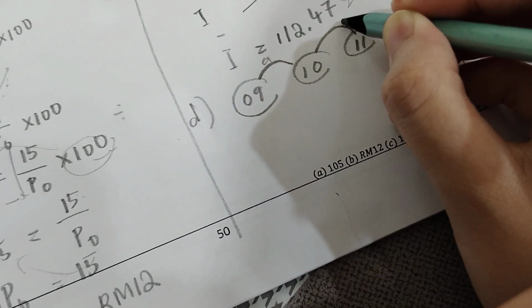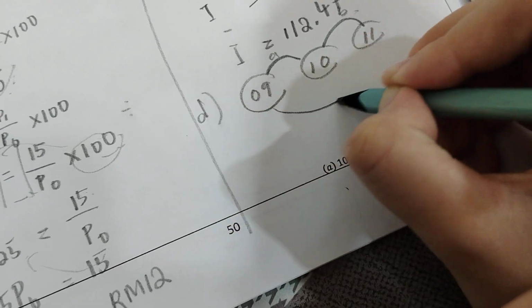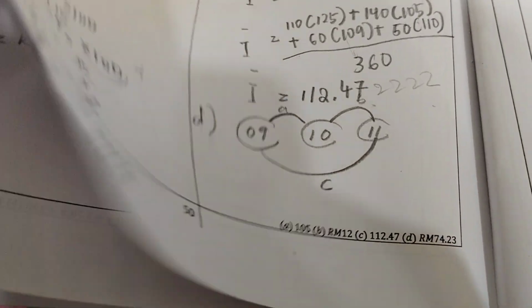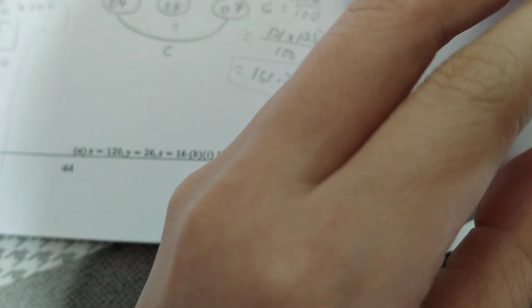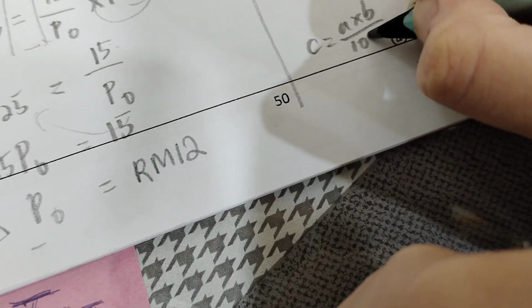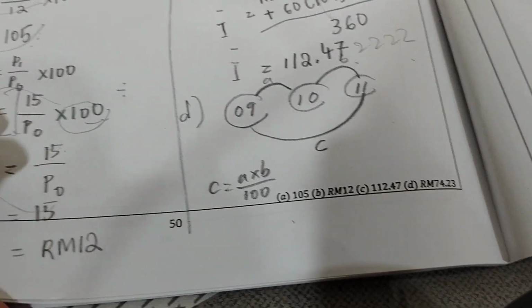This will be your A, this will be your B, and the bottom one here will be C. Okay, so how do you fill it in? That's the question, right? Well, the equation according to this is C equals A times B over 100. Like that. So what is your C, you might be asking?